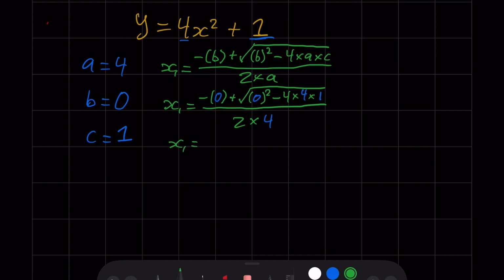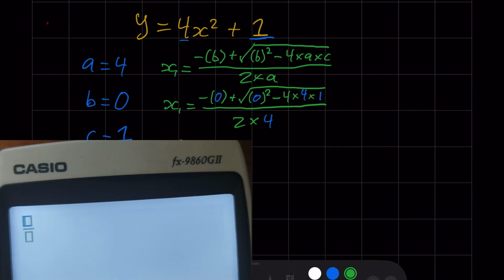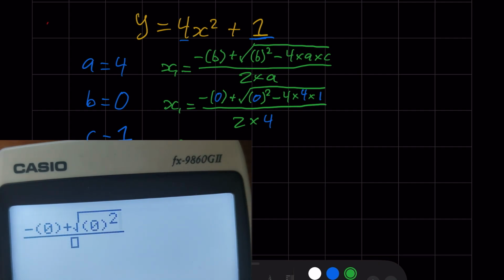x1 equals. So on my calculator, again, I start with a fraction, negative 0 plus the square root of 0 squared minus 4 times 1 over 2 times 4.